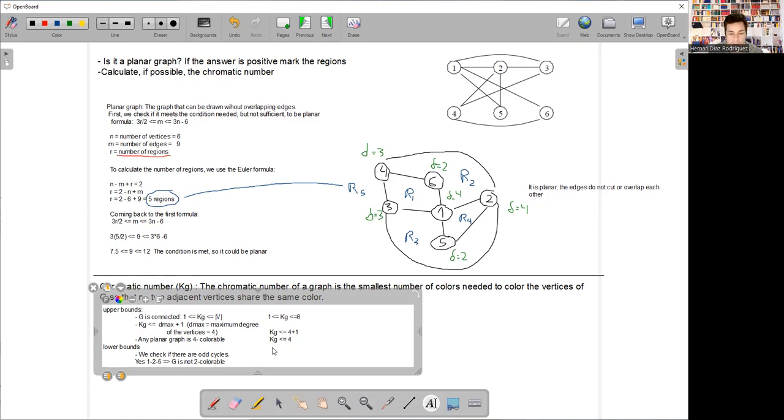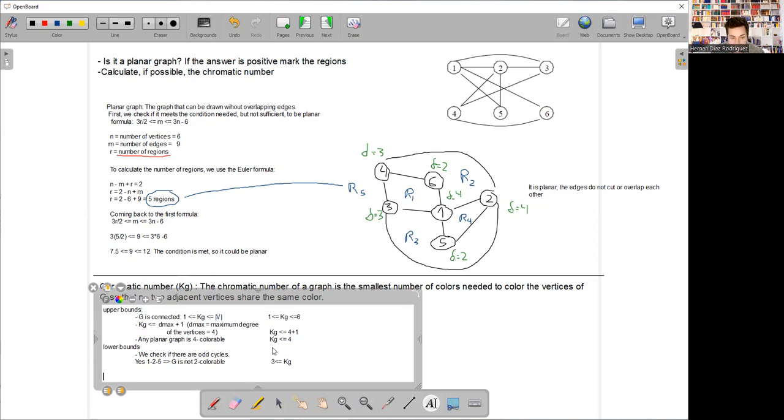So that means that we need at least 3 colors to color the graph. Like this, we arrive at the final bounds, which are that 3 is less than or equal to the chromatic number, which is less than or equal to 4, right? So the chromatic number must be between 3 and 4.